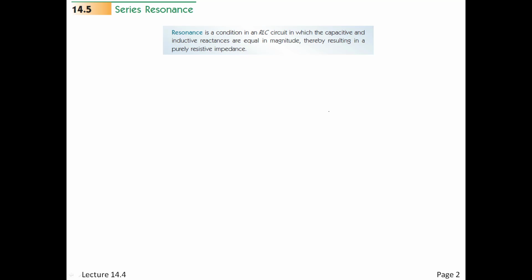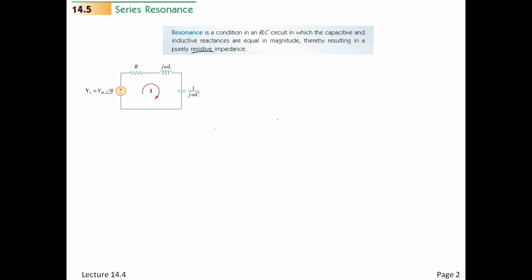So it's a condition in an RLC circuit in which the capacitive and inductive reactances are equal in magnitude. In other words, you end up with an RLC circuit that behaves in a purely resistive way. Okay? In other words, the imaginary terms cancel. That's really what this is about.